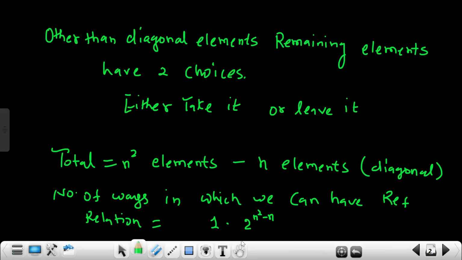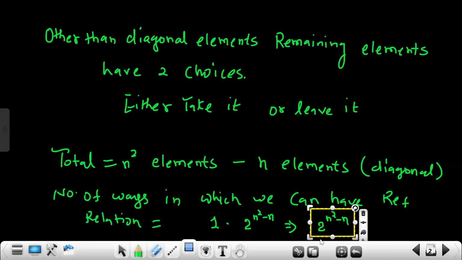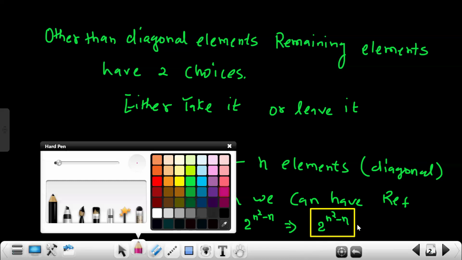Overall, in 2 power n square minus n ways, we can select that particular relation, because we can write it as n square minus n C0 plus n square minus n C1 plus n square minus n C2, and if we add all those terms, we will get 2 power n square minus n. This is the formula which we get as the number of reflexive relations.